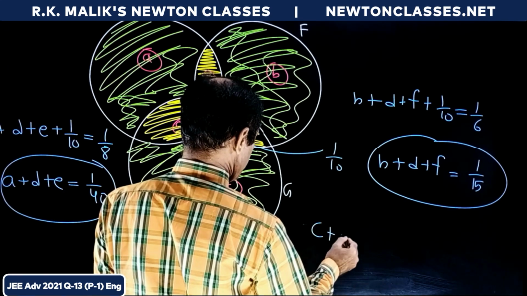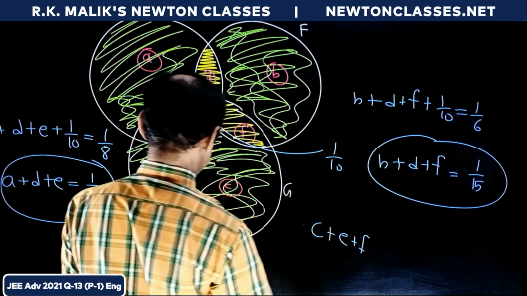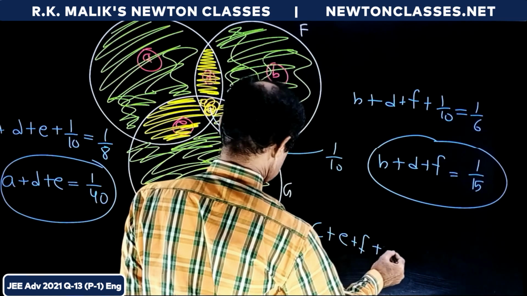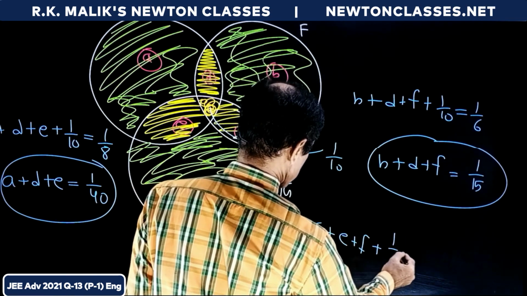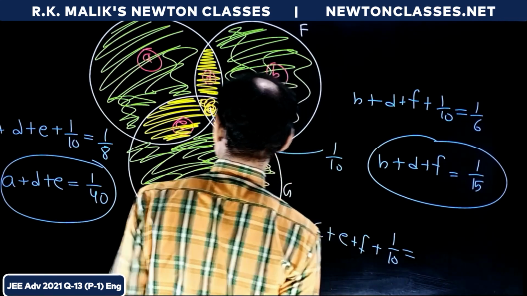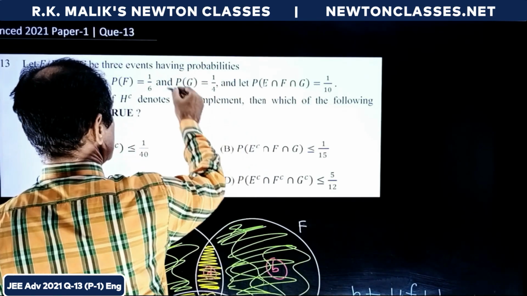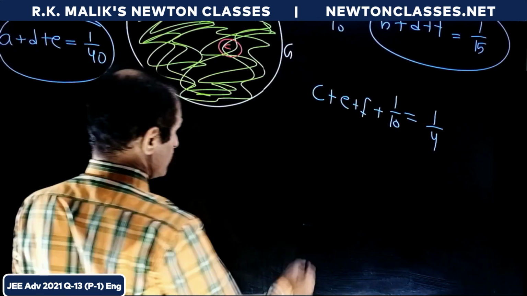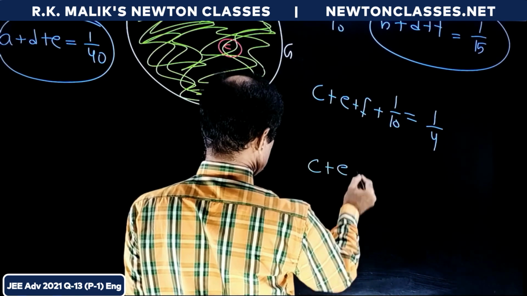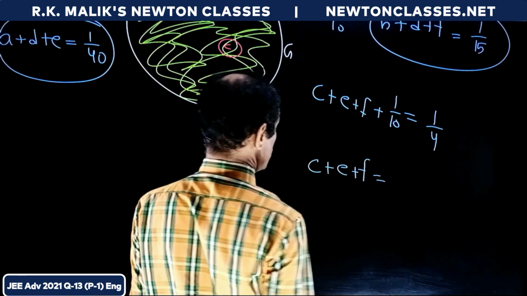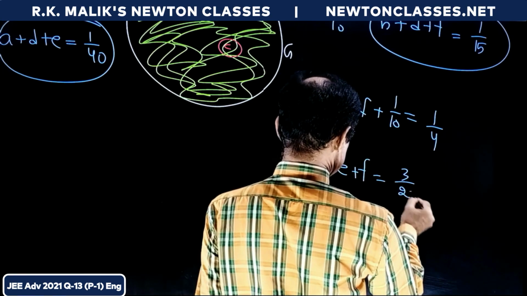Similarly, C plus E plus F plus 1 by 10 is equal to 1 by 4. This information I have got from here. That is, I can say C plus E plus F is equal to 3 by 20.